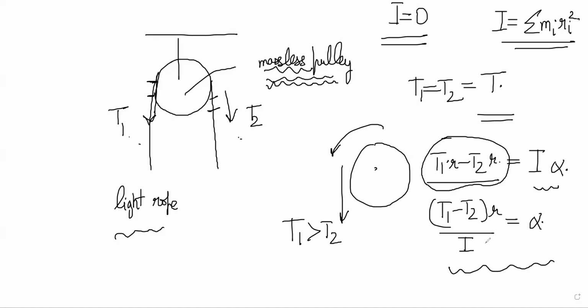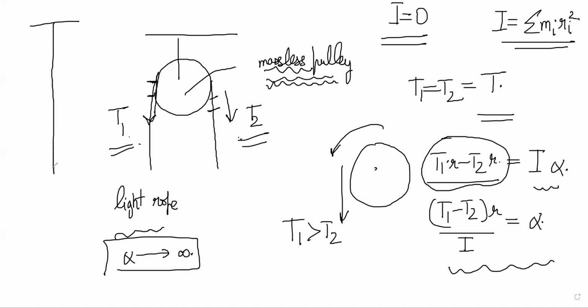So if moment of inertia is 0, you are getting alpha tending to infinity, right? You will get an infinite angular acceleration of this pulley if the tensions were different, T1 and T2. However, that doesn't make any sense. In any physical situation, you should never have infinite acceleration or angular acceleration. So therefore, tension in this case remains the same throughout.